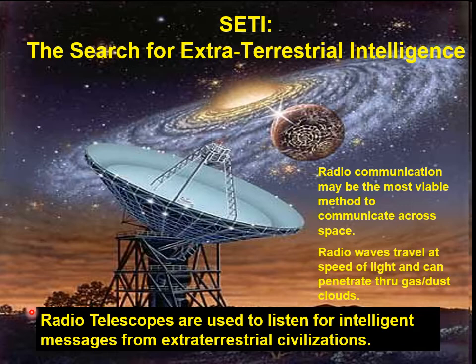So the idea is if they could hear us, then perhaps we could hear them too. So there has been, for the last several decades, an ongoing search using radio telescopes to basically listen to the stars and try to see if we can pick up messages from extraterrestrial, highly advanced civilizations like ourselves. And of course, so far, we have not found anything, but we're just beginning this type of search.